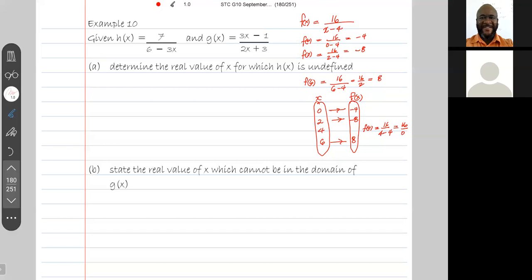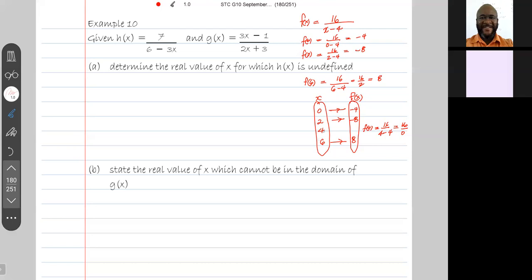When x is 4, the denominator is going to come out to be 0. And when the denominator is 0, you cannot divide by 0. It is impossible to divide by 0. So there is no value for f of 4.